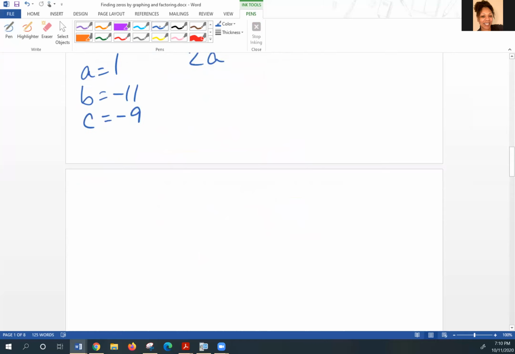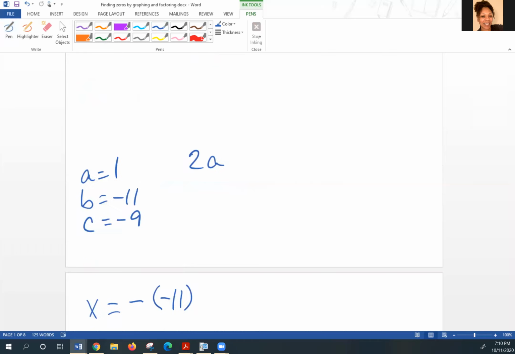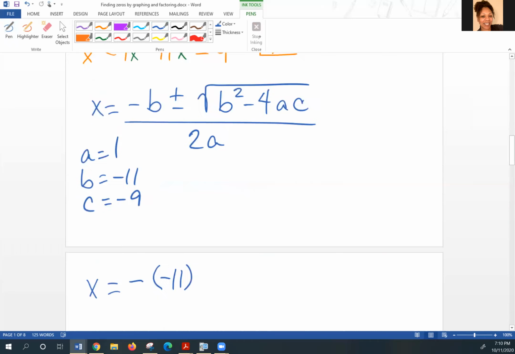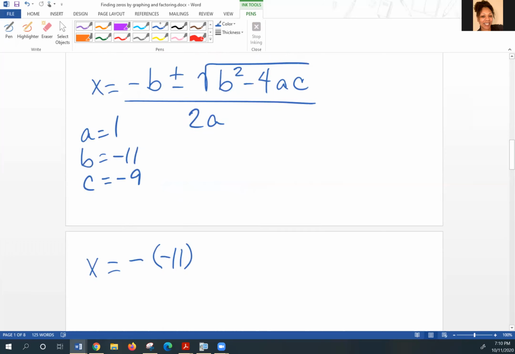All right, so x is going to equal negative times negative 11, because again, let's just make sure you can still see the formula here. Negative, and then b, just go ahead and put it in parentheses, and that way hopefully it won't confuse you.